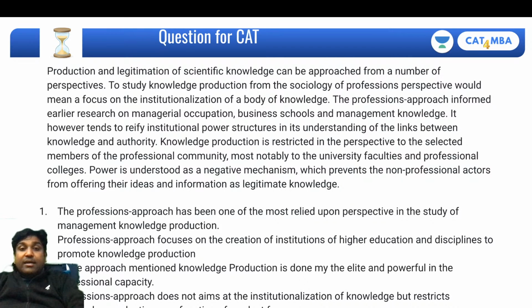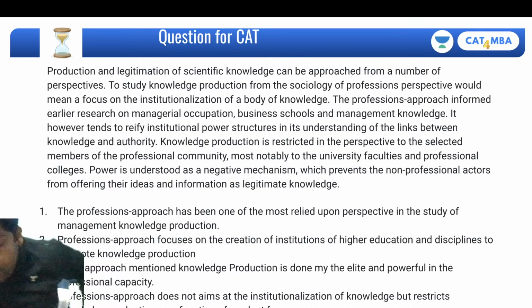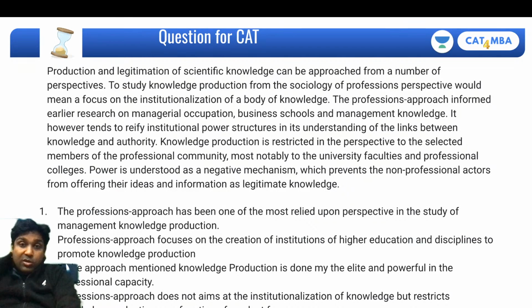So they're saying that knowledge production is set apart as something which only a few people in the professional community can do, people who have gone to certain colleges, who hold certain degrees, or who hold certain designations or positions.